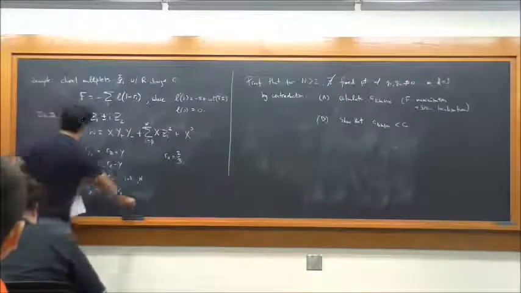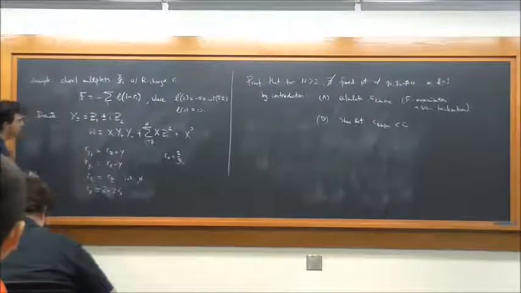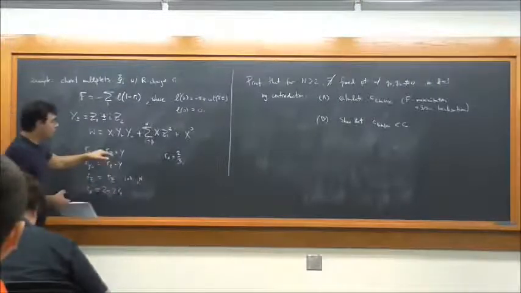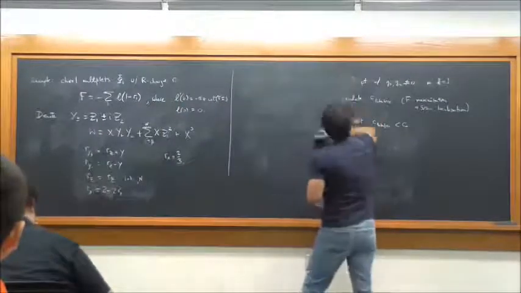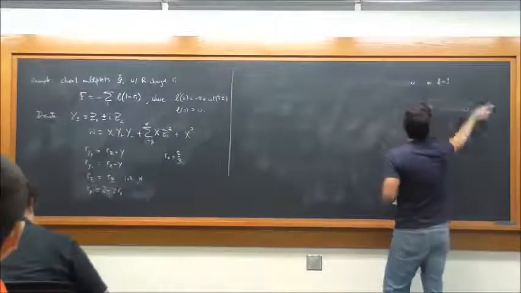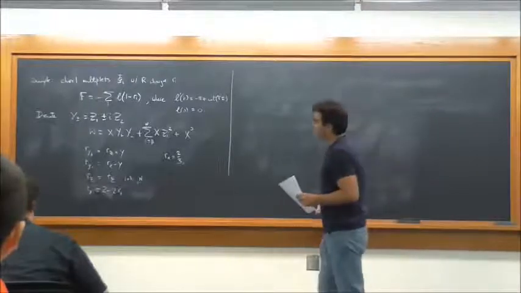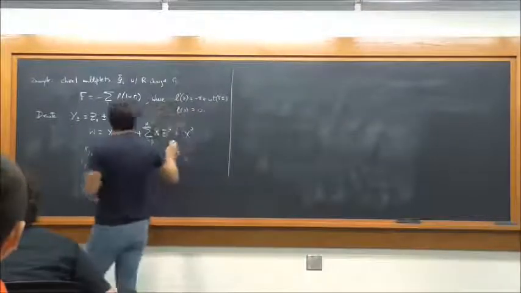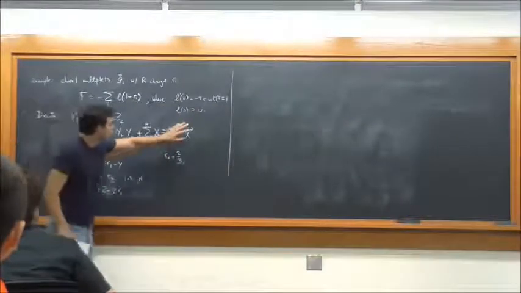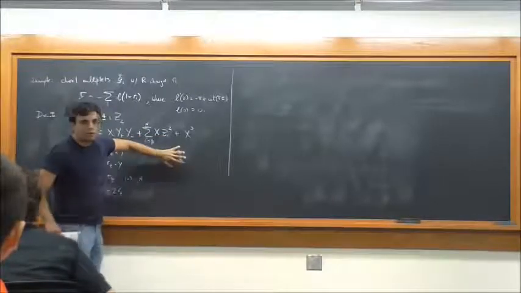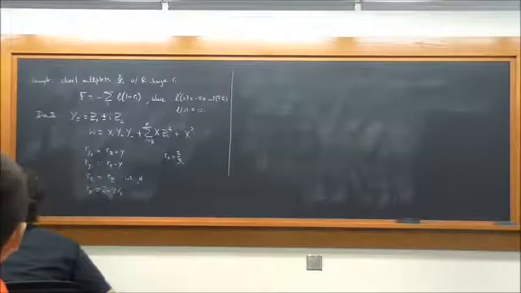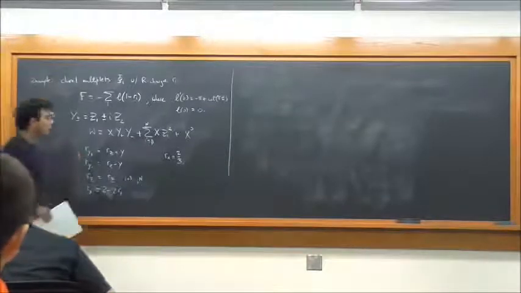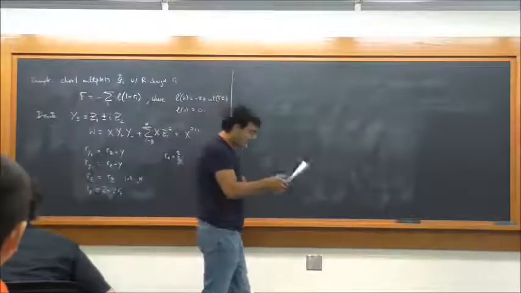But because I introduced this parameter y, I'll actually be able to compute something else that's not trivial. So I should say, if we wanted to study the theory without this x cubed, I can just forget about this condition that R_x is 2/3, and then all the other ones would be good enough trial R charges.